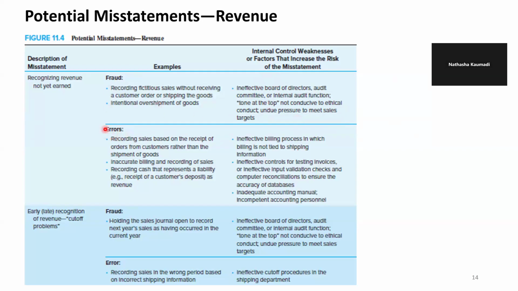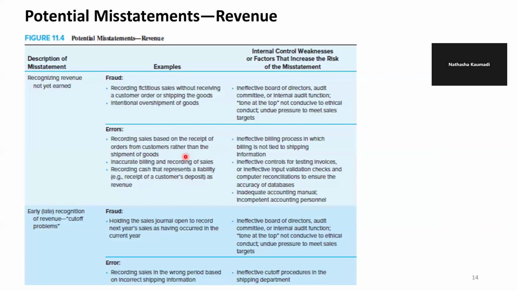We'll look at errors as well. When it comes to errors, now remember, errors are not intentional. Recording sales based on the receipt of orders from customers rather than the shipment of goods. Maybe the customer has requested 200 units, but when you actually make the shipment based on your stock availability, you are sending only 180 units. Why? You don't have sufficient stocks in the warehouse.